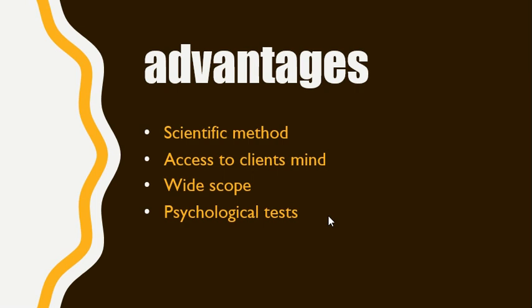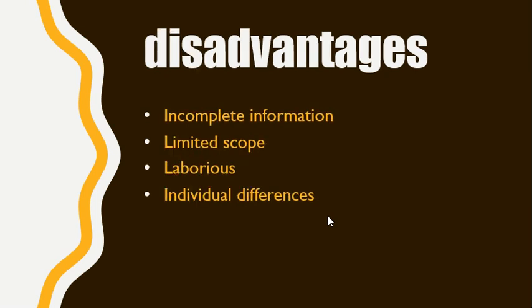Okay, so these are the advantages of external observation: it is a scientific method, it gives access to the client's mind because mental states are manifested in external behavior. It has a wide scope, it can be applied to anybody, and it also initiated the use of psychological tests and psychotherapies as well. There are certain disadvantages of this method.